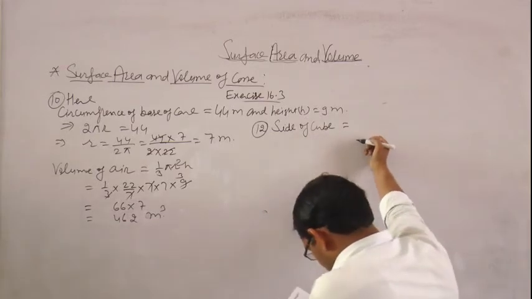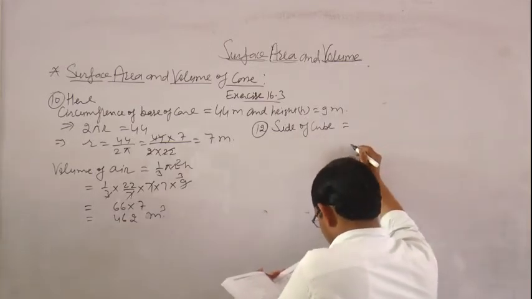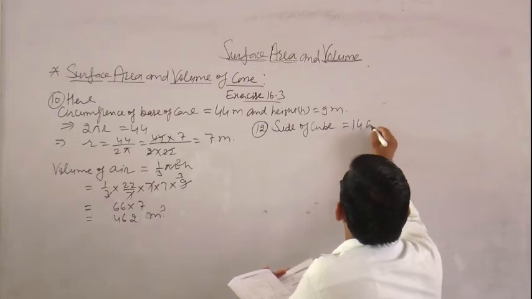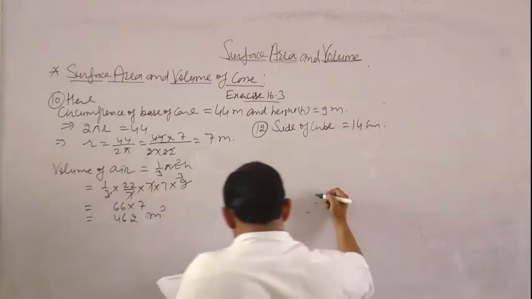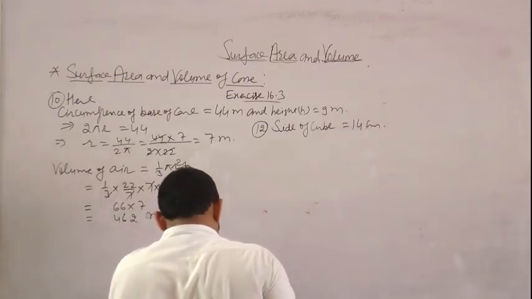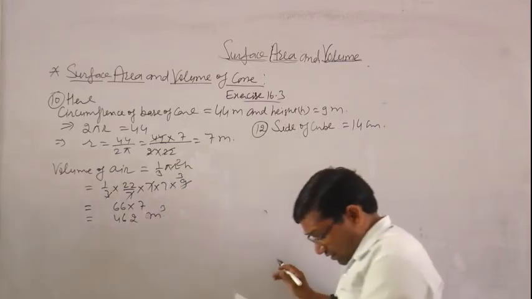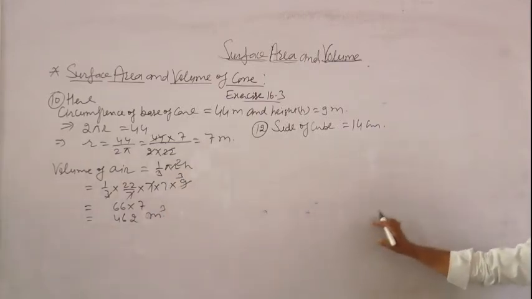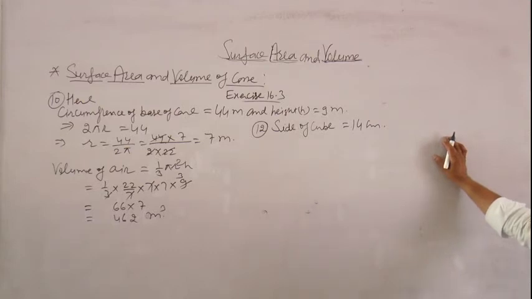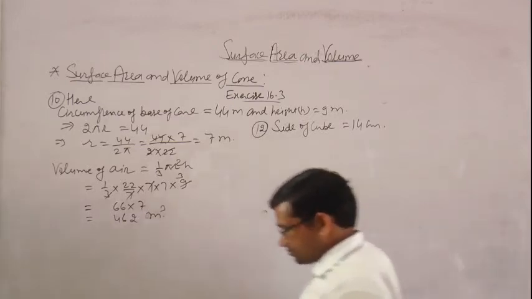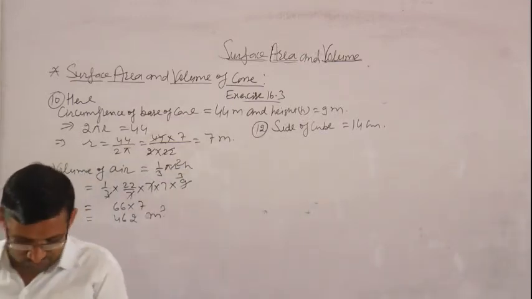Side of cube, how many? 14 centimeter. Side of cube is 14 centimeter. Find the volume of cone.